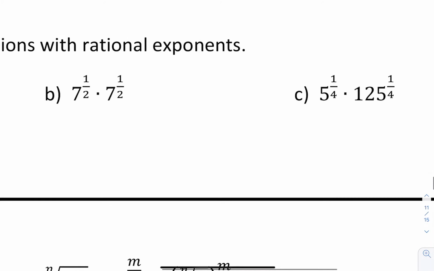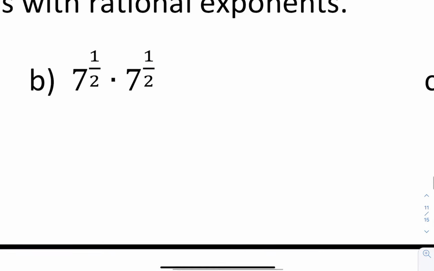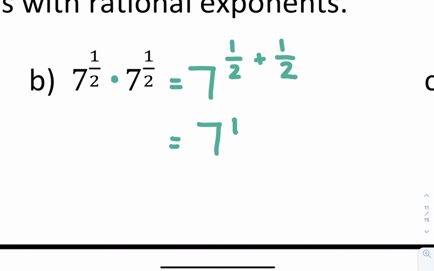With something like this, where I have 7 to the 1/2 times 7 to the 1/2, notice I'm multiplying two numbers with the same base. When that happens, if I'm multiplying, I add the exponents. So 7 to the 1/2 plus 1/2 is really 7 to the 1st power, which is actually just 7.